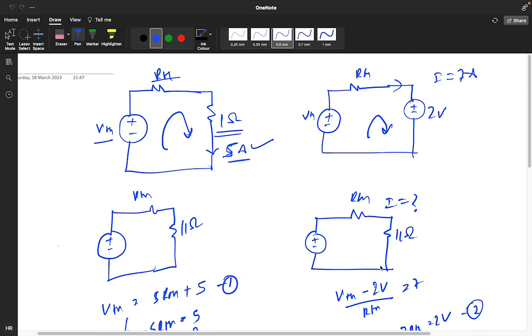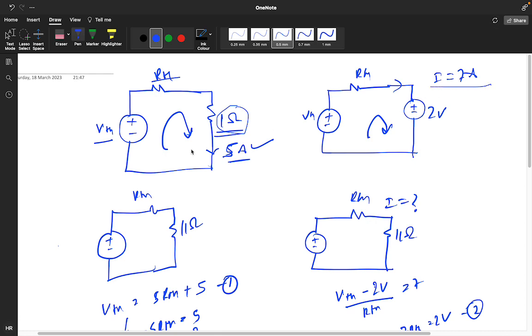See, the question is like they have given one network. Think like that. If they are saying one battery is charging 5 ampere current when it is connected to a 1 ohm resistor, the battery can be replaced like this: VTH and RTH. The same battery, when connected to a 2 volt source, has a current of 7 ampere.